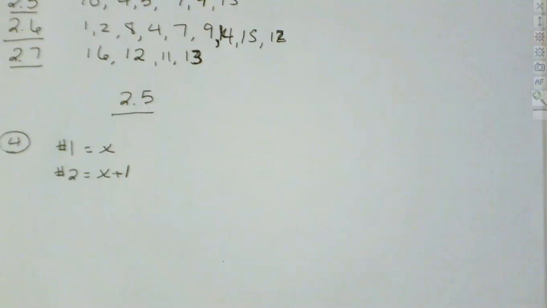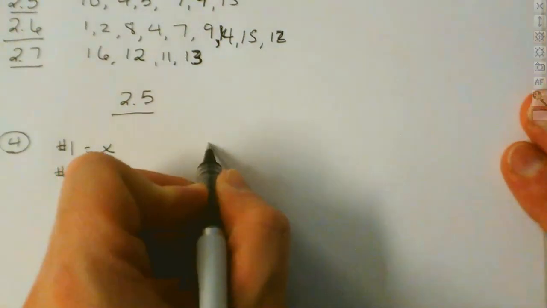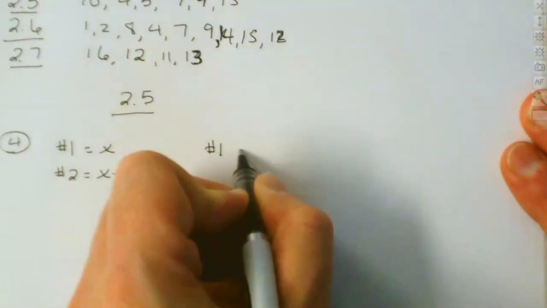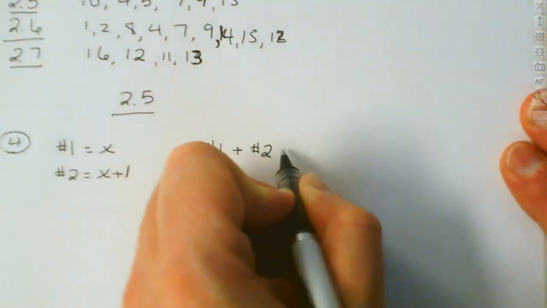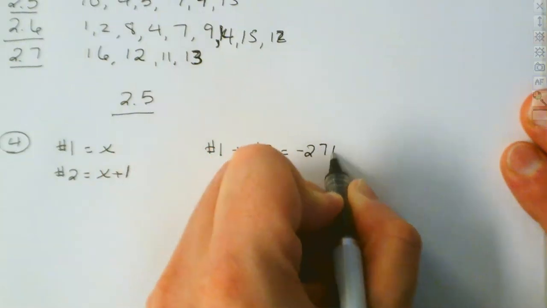Now, what do we know about these consecutive integers? They sum to what? Minus 271. Okay? So what does that mean? They sum to minus 271. Well, that means the first number plus the second number is going to give you a minus what?